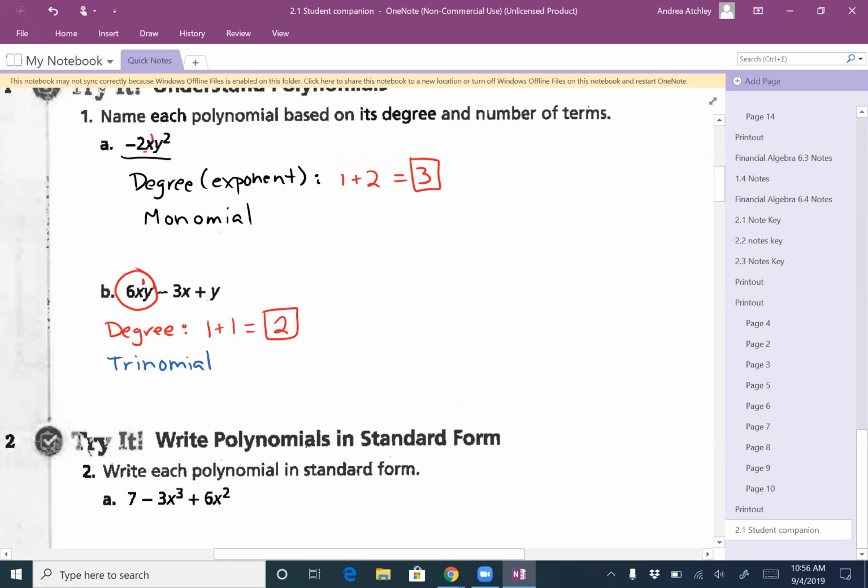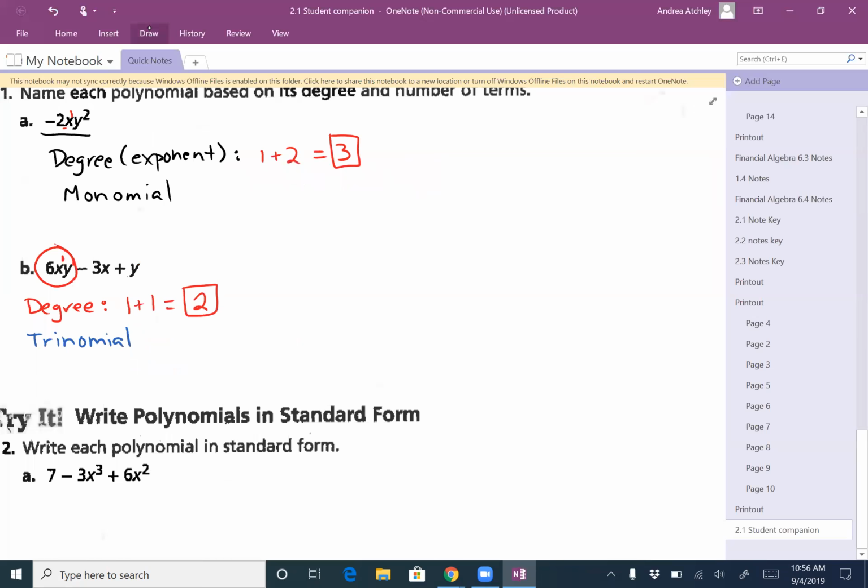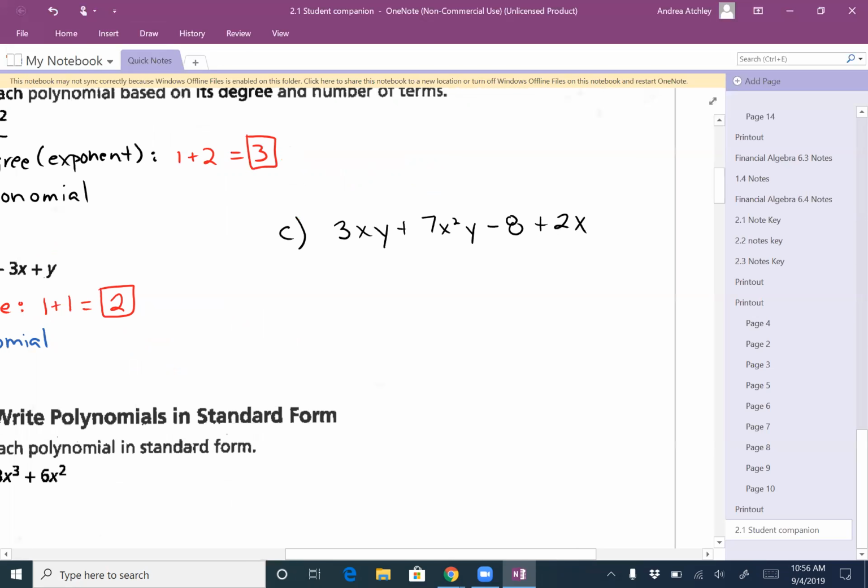Okay, I just want to have you guys practice one more time. So we're going to just write this in over here. Please tell me the degree and what this is called. Okay, so what was our degree?